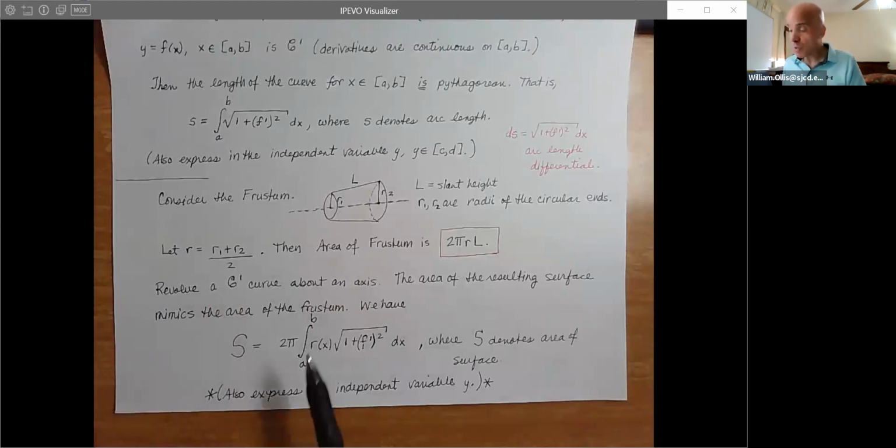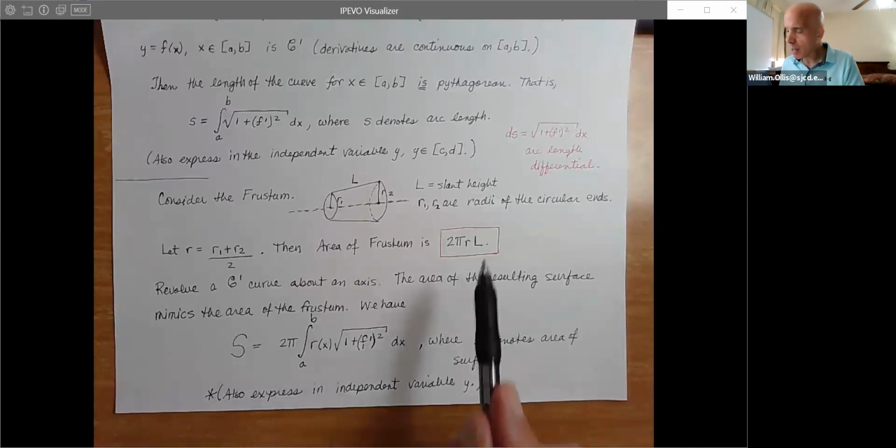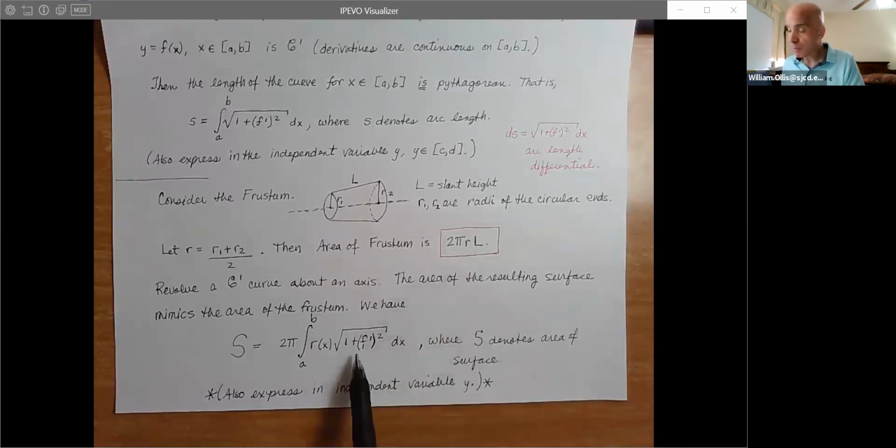So when you do this and you apply the partition of the integration set A to B, we'll do a little comparison here. Here's what's going on. We're thinking, how do we make this work with the integral? Well, L, or the slant height, is replaced with the element of arc length.